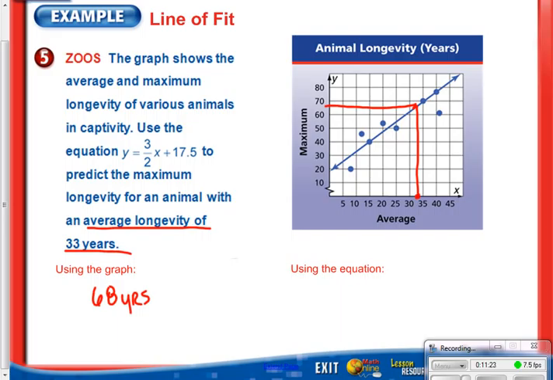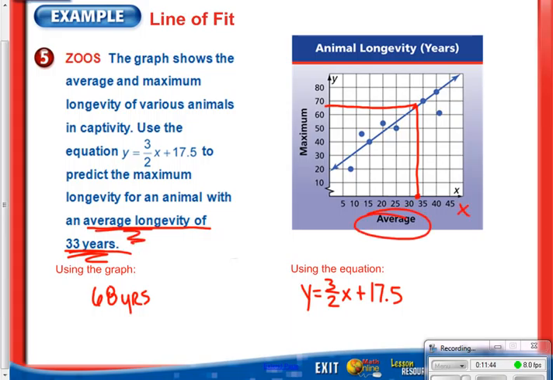years. And again, that's just using my graph. Now the next part, it says use the equation. Well, the equation is y equals 3/2 x plus 17.5 that they give us. So we want to put in 33 years, and that is an average longevity. Average is on the x-axis, so you're going to put 33 in for x and solve it.